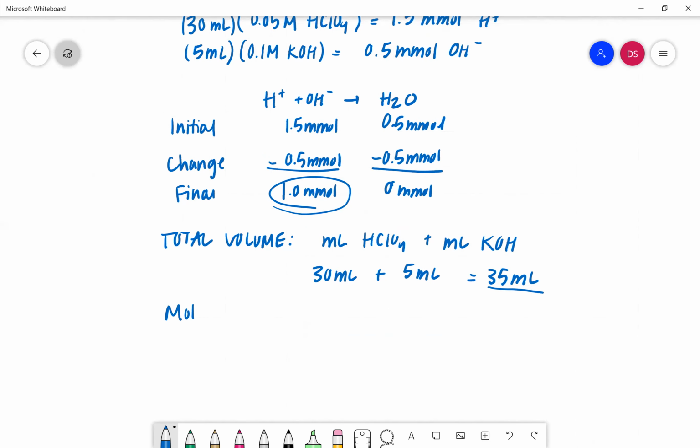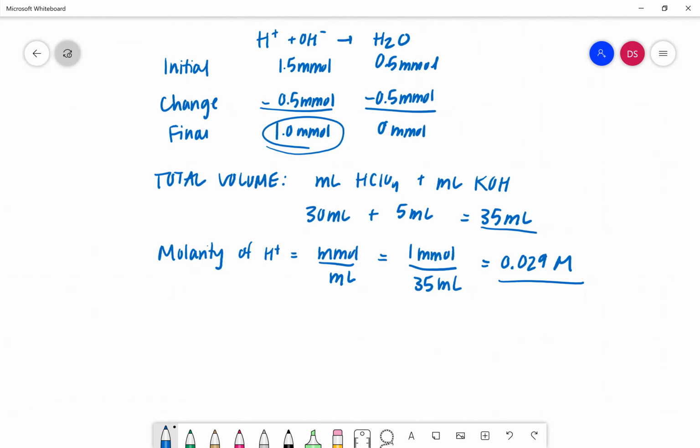Now to find the molarity of our acid, it's going to be millimoles over milliliters, giving us 1 millimole, which is calculated above, over 35 milliliters. And that gives us a concentration of 0.029 molar.